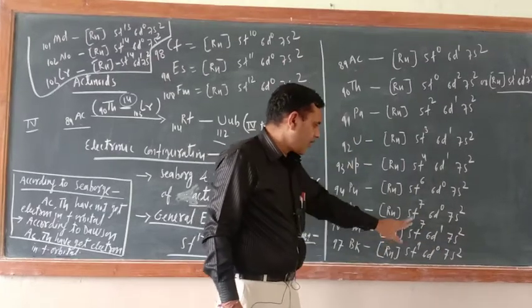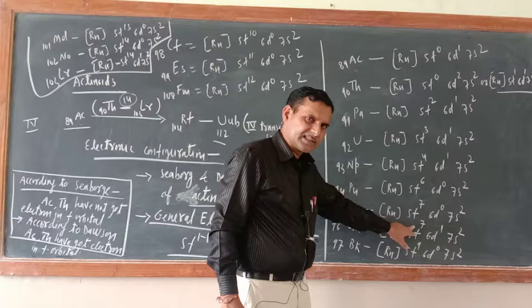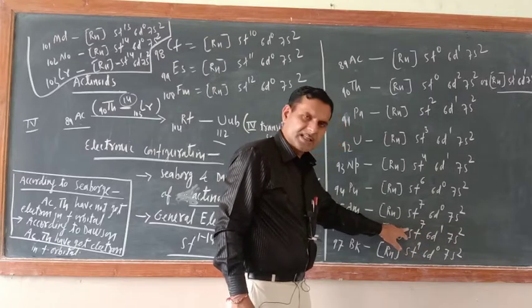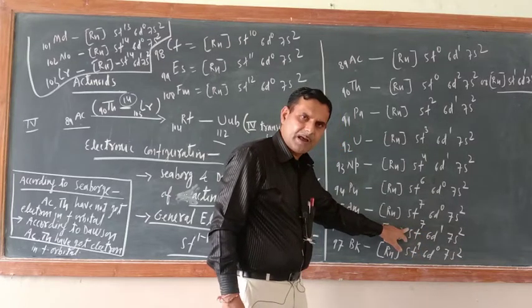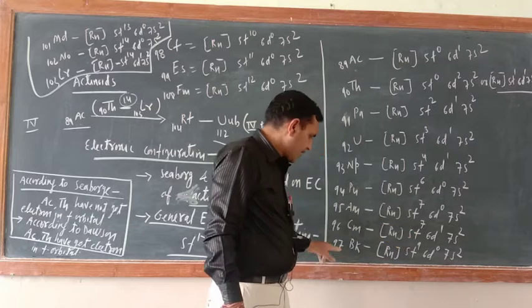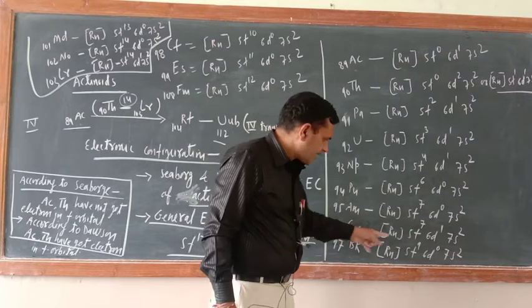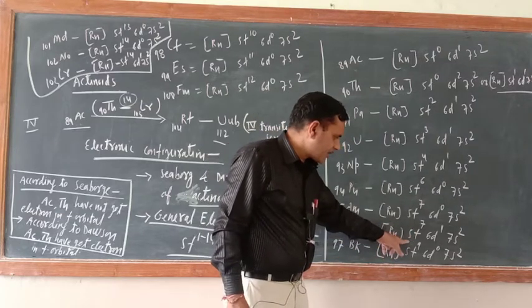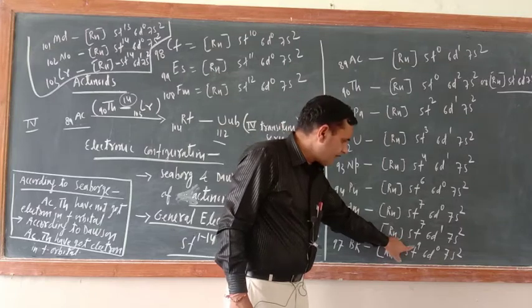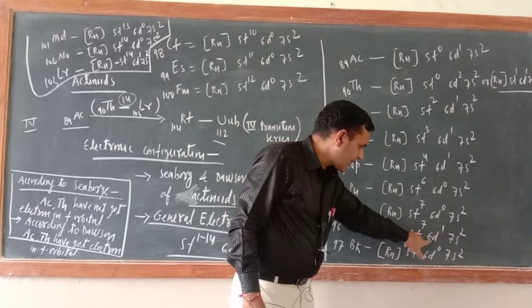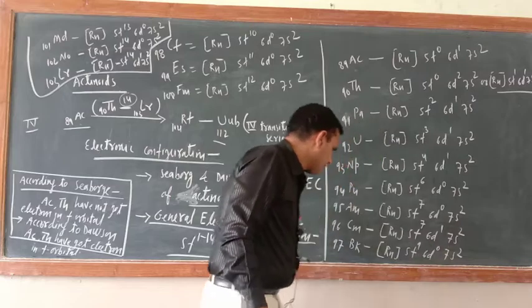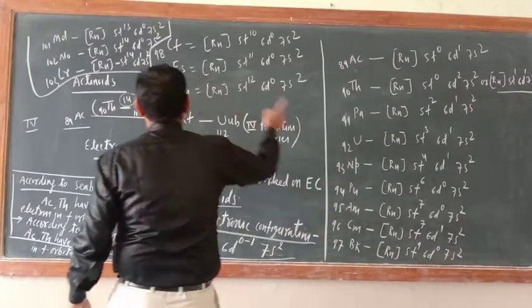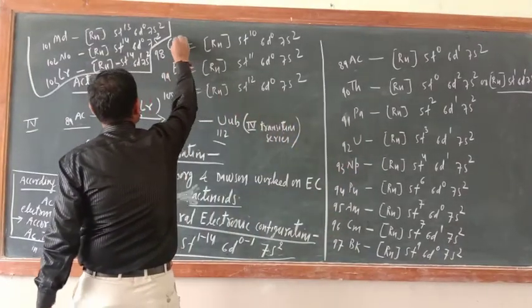The new electron will not enter 5f, it will go to d, so that the stability of the half-filled 5f orbital is maintained. Now berkelium, Bk. Here the 8th electron is not there, directly 5f9. Now 1 electron of 6d will come here, 7s2. So this is berkelium.